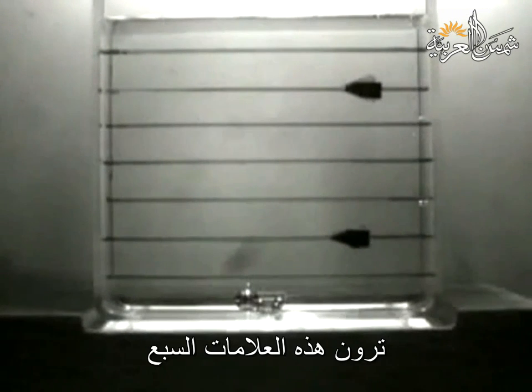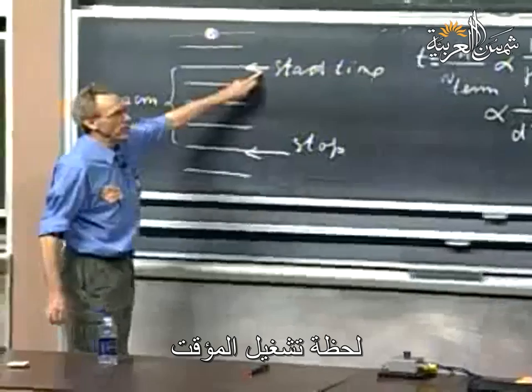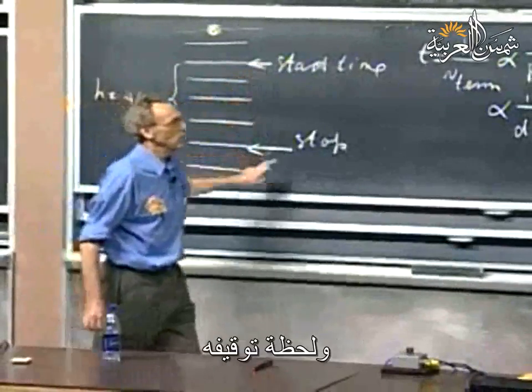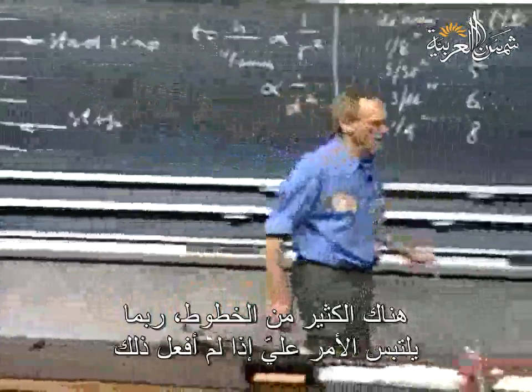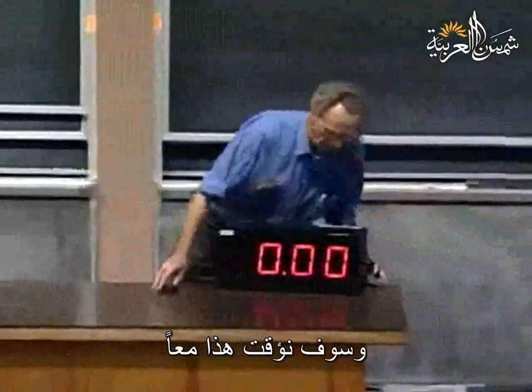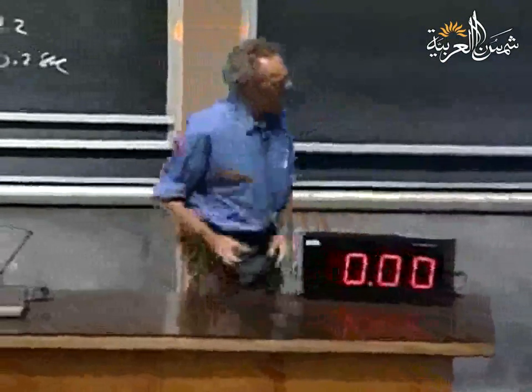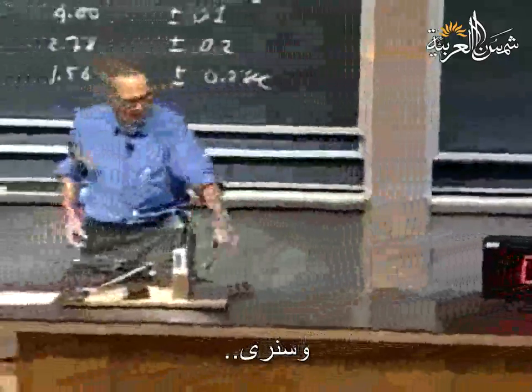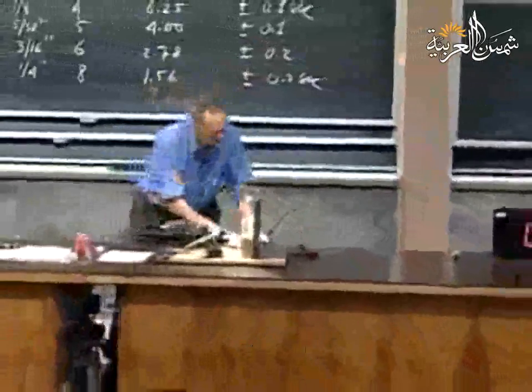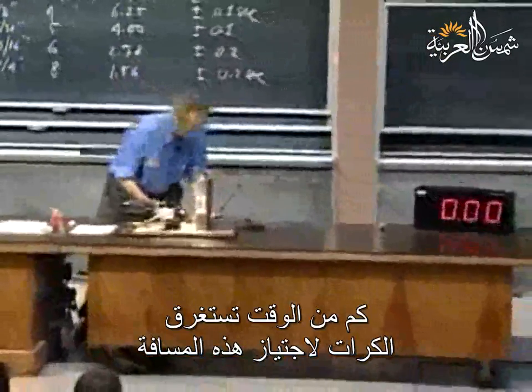You see there are 7 marks, and just for my own convenience, I have put there 2 black marks so that I can easily see the moment that I have to start my timer and the moment that I stop it. There are so many lines I may get confused if I don't do that. And we're going to time this together, and we'll see how long it takes for these objects to go through.